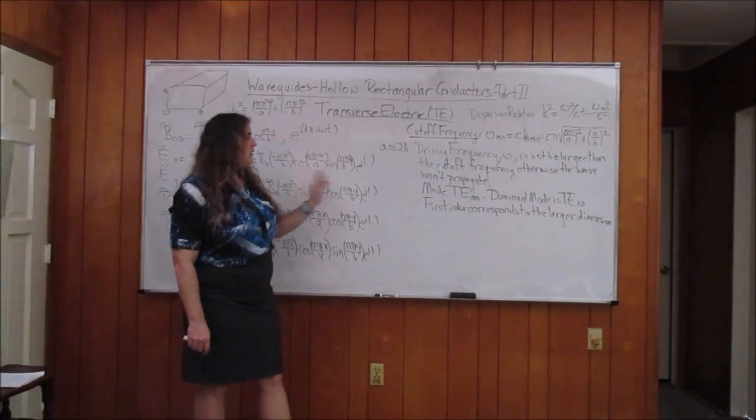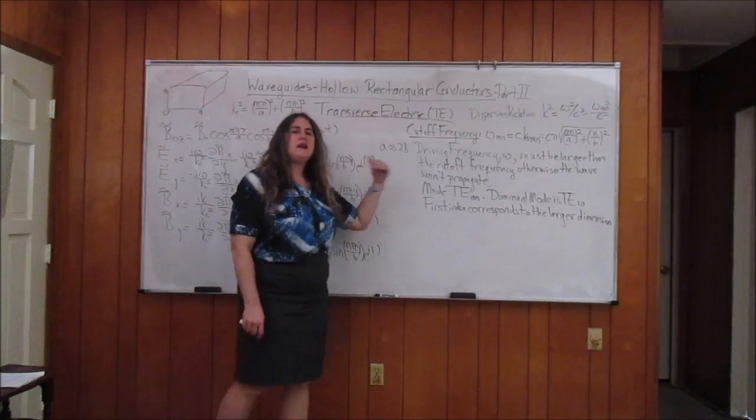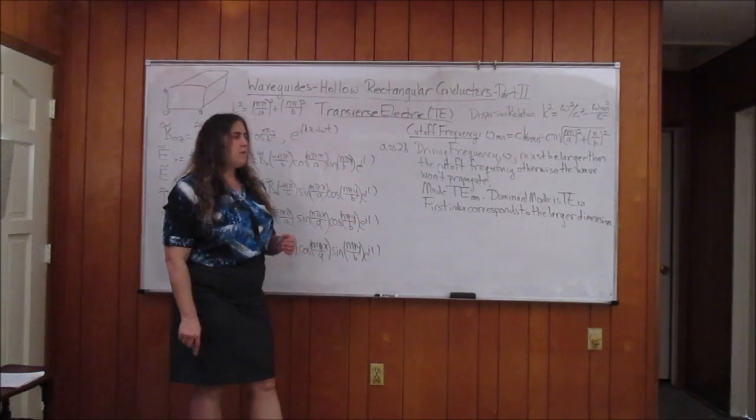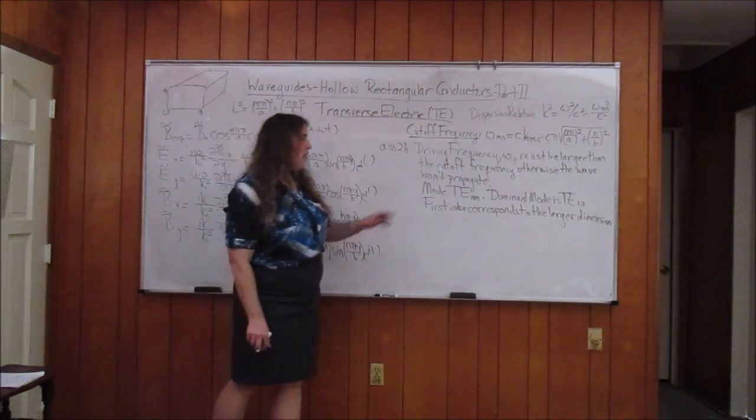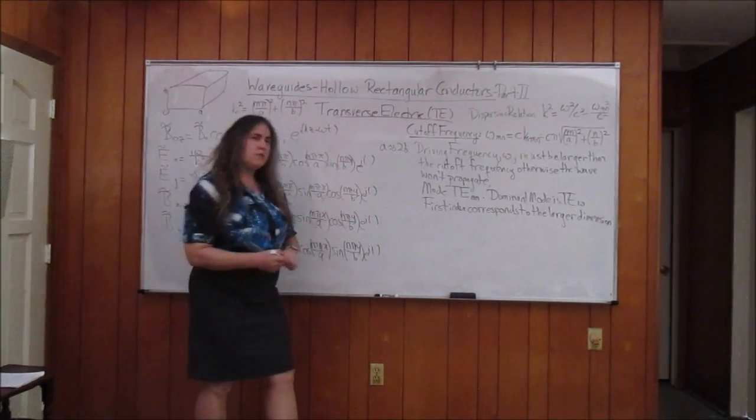And the reason why that choice is made is because that maximizes the single mode bandwidth. So what do I mean by that? Well, let's take a look at our dominant mode more closely.